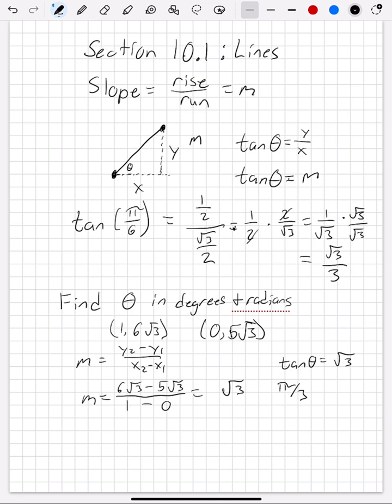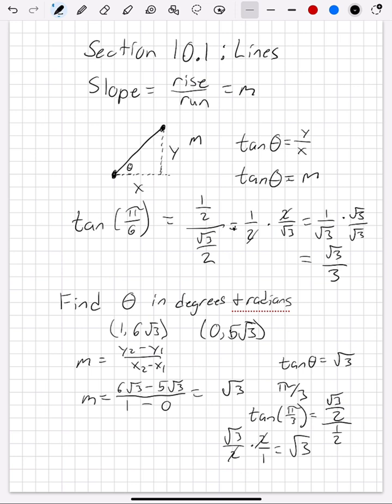All right. So if the tangent of pi over 3, the y-coordinate is the square root of 3 over 2, and the x-coordinate is 1/2. So if I just flip the fraction, 3 over 2 times 2 over 1, great, I get the square root of 3.